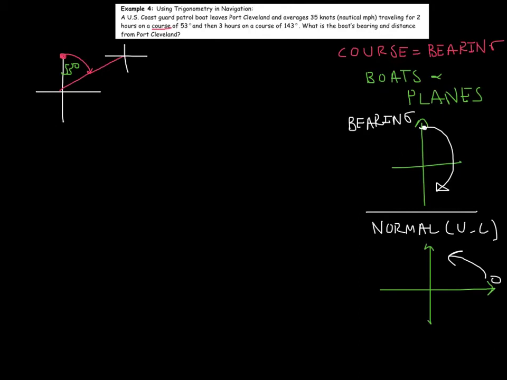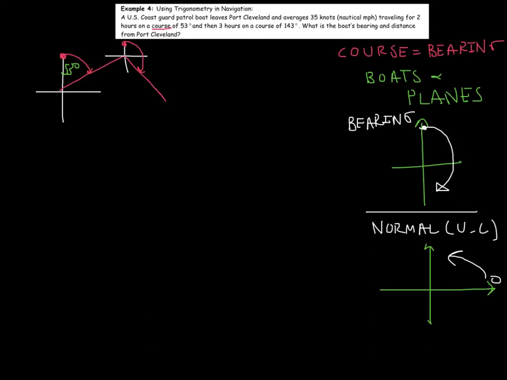So now it's saying it's on a course of 143 degrees. So now, once again, you're going to measure from the north, 143 degrees. So here's the north again. So that's 90. All right, and 90 plus 53 is going to be a bearing of 143. So now we see that the boat is going in this direction right there.